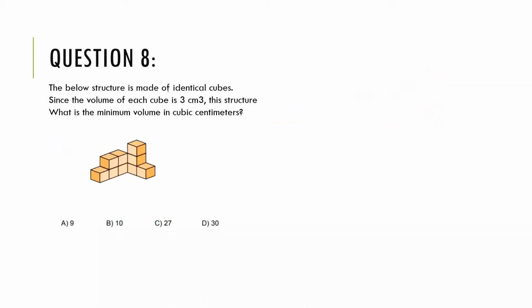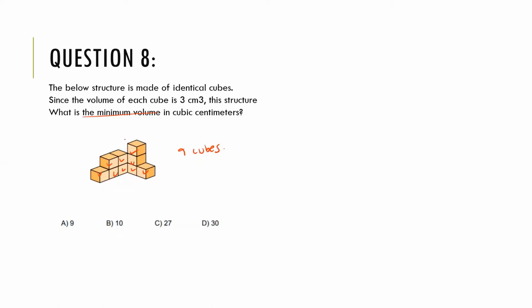The below structure is made of identical cubes. Since the volume of each cube is 3 cubic centimeters, what is the minimum volume of this structure in cubic centimeters? Let's find. How many cubes here? 1, 2, 3, 4, 5, 6, 7, 8, 9 cubes. But we cannot see its behind. Besides, the question asks the minimum volume.